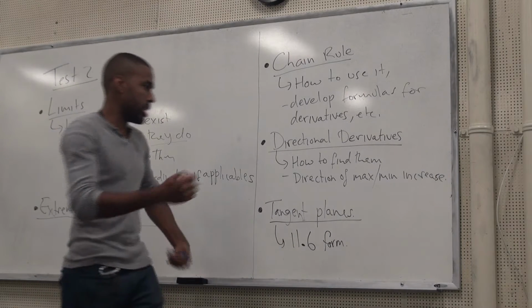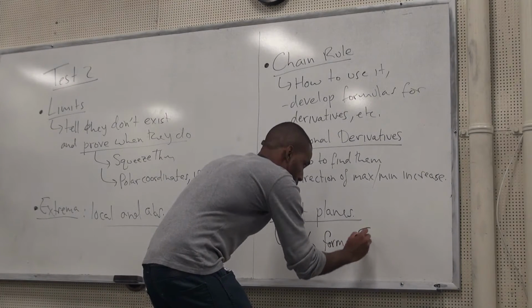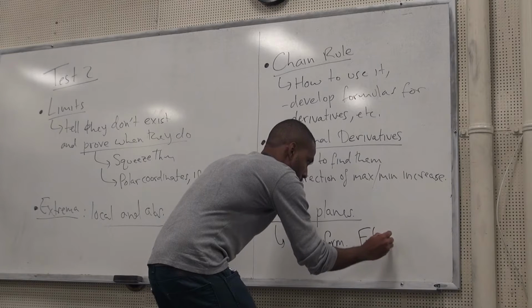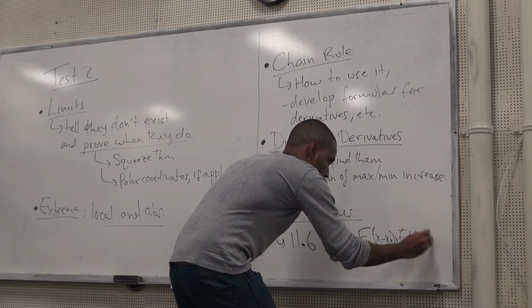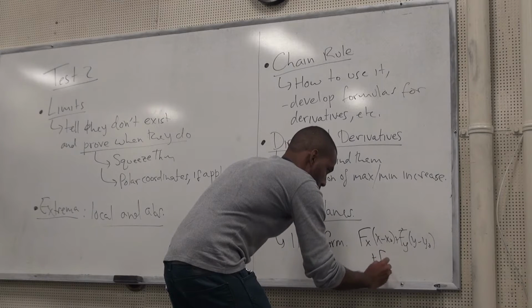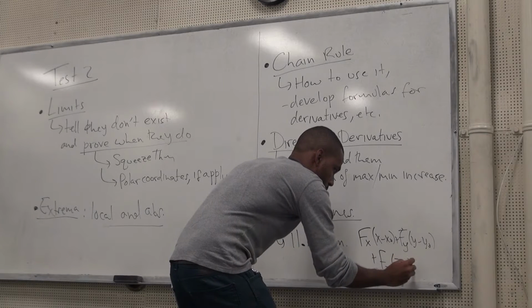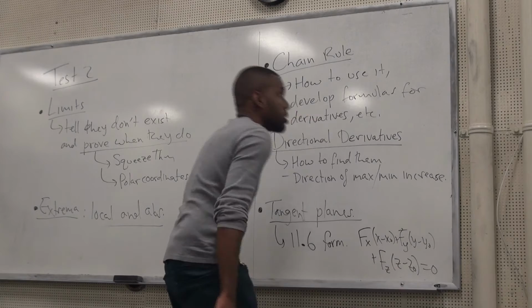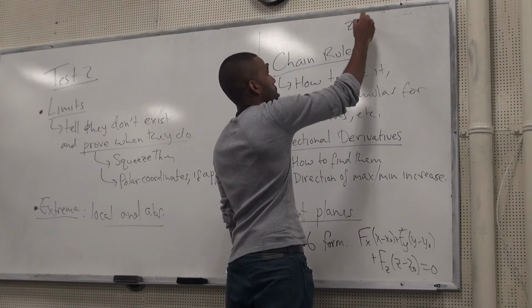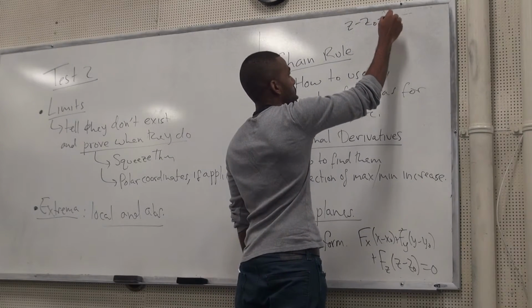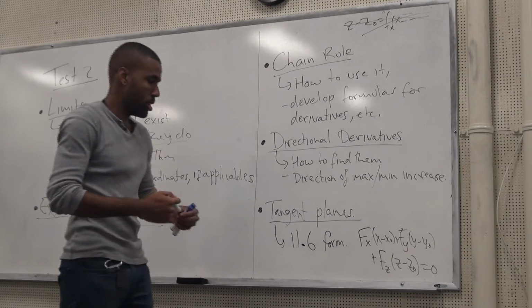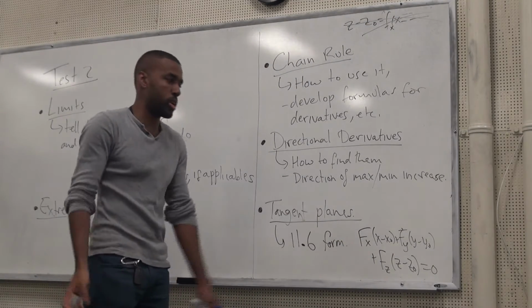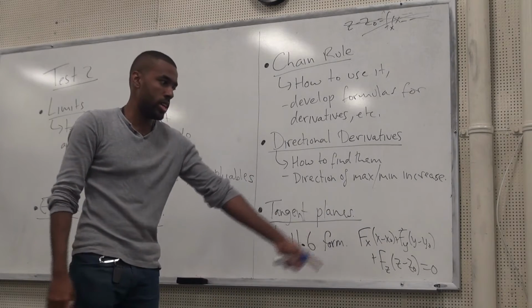That's the one that says the partial of f times x minus x naught, plus partial of y times y minus y naught, plus partial of z times z minus z naught, equals 0. The other formula, z minus z naught equals f_x times x minus x naught and so on, you don't need to worry about. This one will work in all cases. Just bring everything to one side and find the gradient.